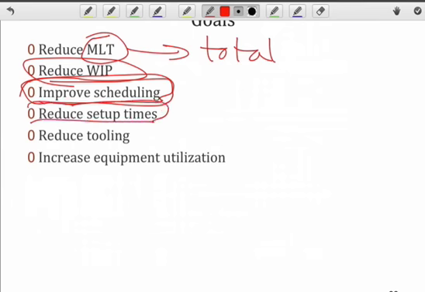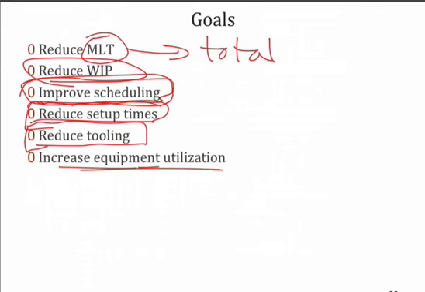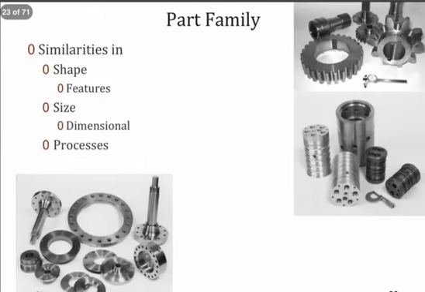We also need to reduce the setup times so that as we switch from part to part, there isn't a big change in our system. And if we can group, then we could use similar tooling for multiple parts and variations of parts. This will also help us increase equipment utilization. So there are a lot of positives here, but it will involve some work on our part in order to come up with a proper classification of our parts.